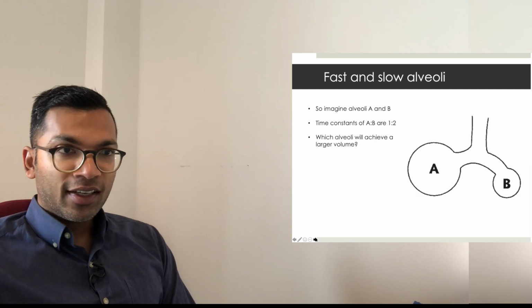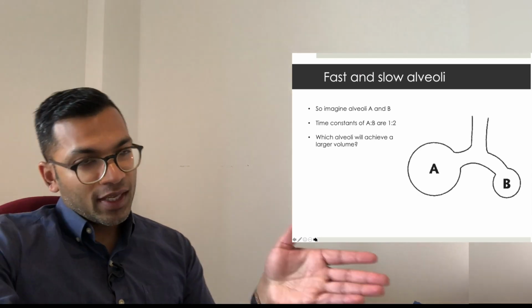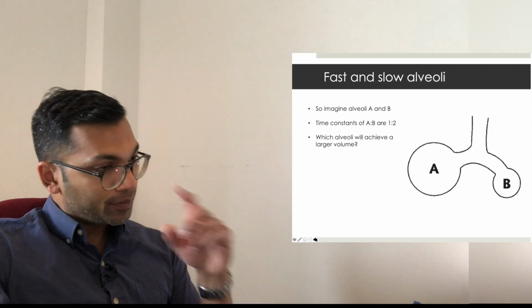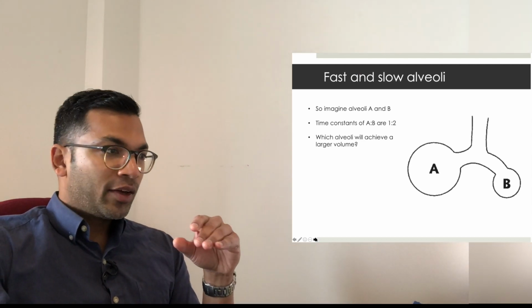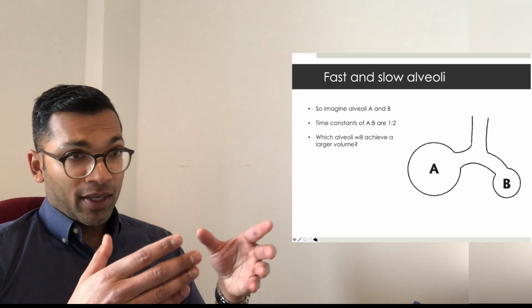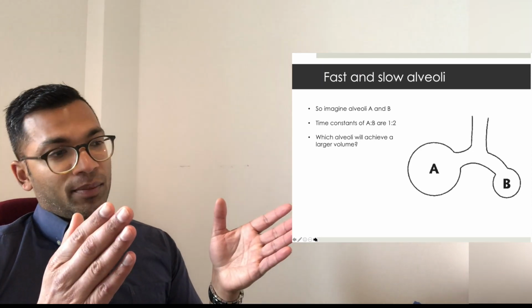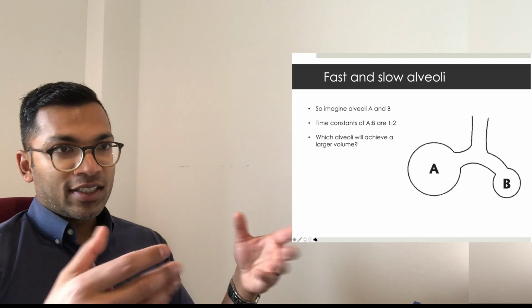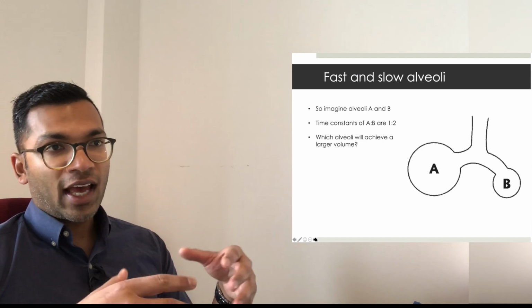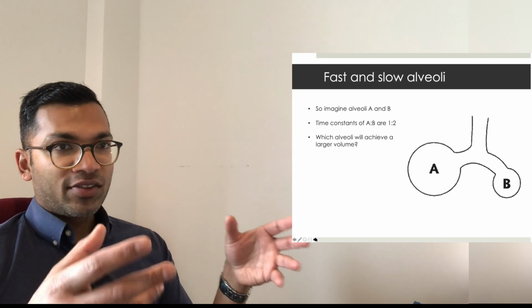Yeah, fantastic. I remember this being in the textbook where they talk about the fact that time constants reflect what the alveolus may achieve in a limited amount of time, but if you had all the time in the world, the time constant has no bearing on the absolute total size of this alveolus.